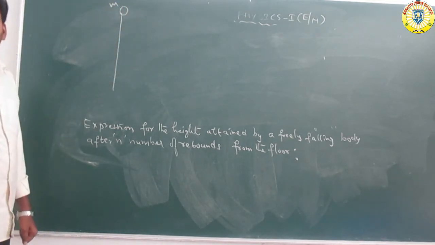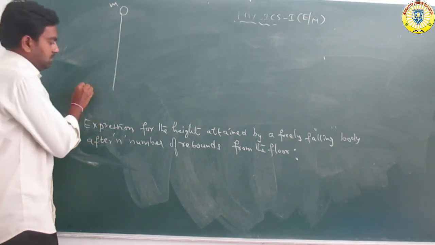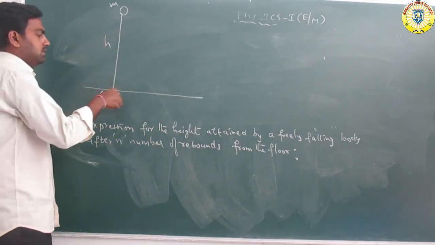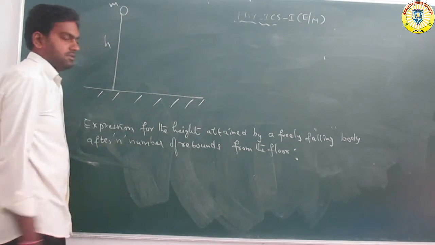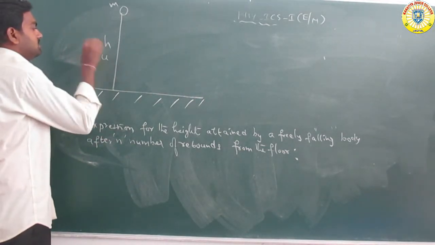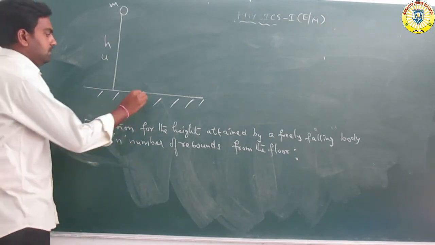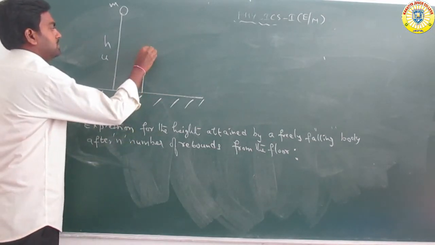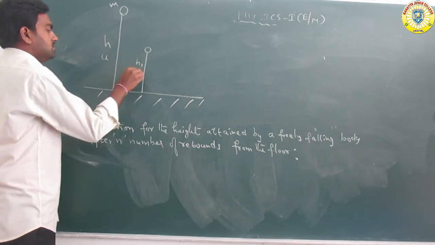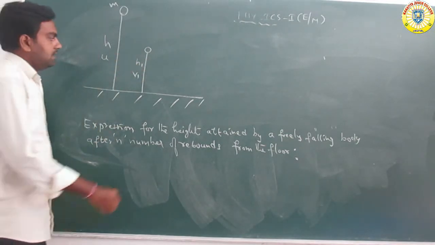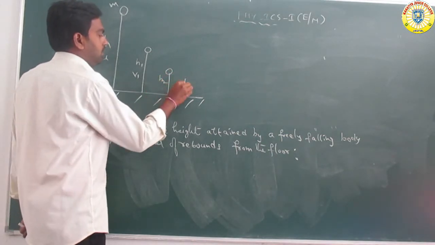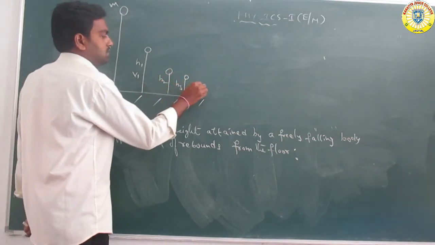Consider the mass of the body m, dropped from a certain height h. This is the floor. It falls with velocity u. On the next rebound, it reaches height h1 with velocity v1, and the second and third rebounds reach h2 and h3.